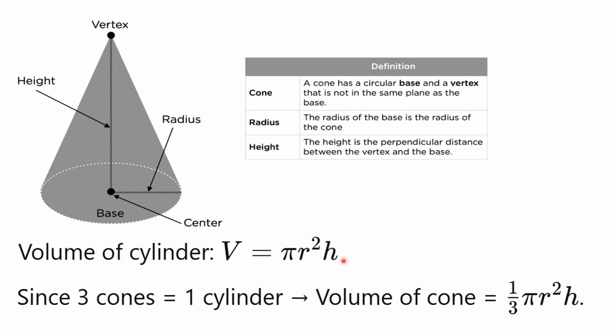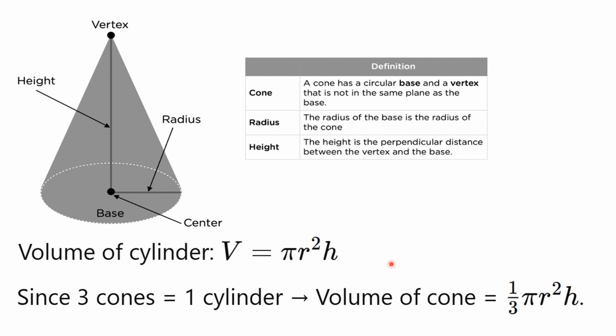So here we derive our formula for the volume of a cone. The volume of a cylinder is pi r squared times height. If you apply this to a real life situation, the cone and the cylinder have the same height and the same radius.